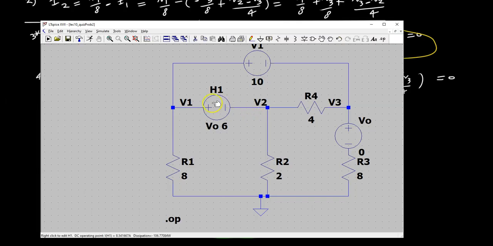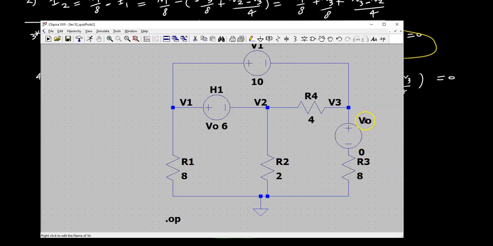Before we do that, let's talk about what I did here. I used a source called H, which is a current dependent voltage source. The way I'm putting the current in is I'm defining a voltage source of 0 volts along this branch to measure the current through R3.